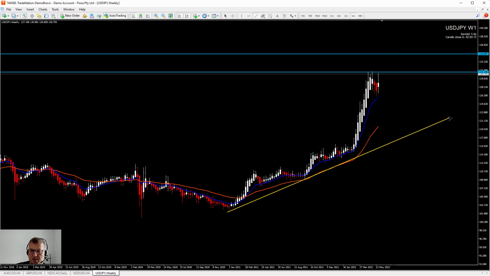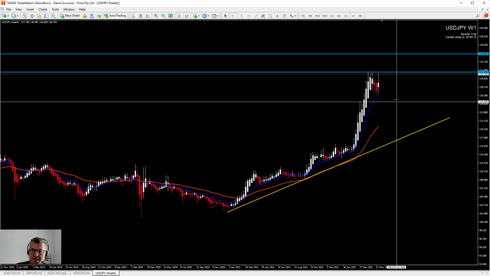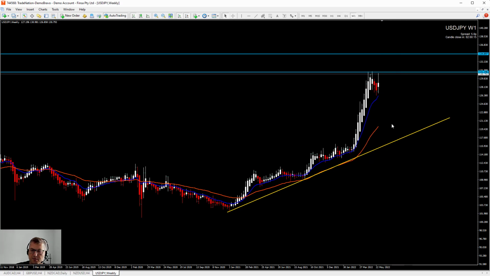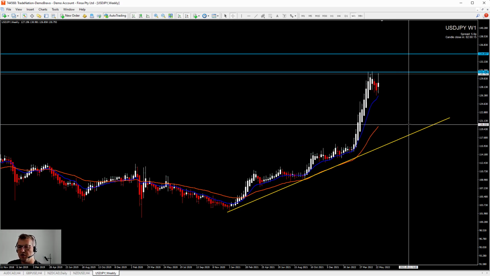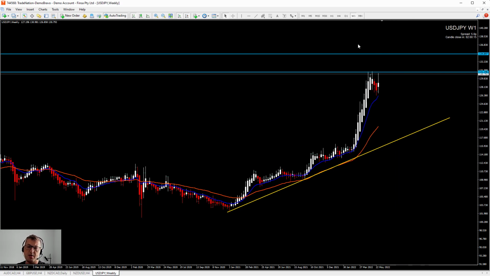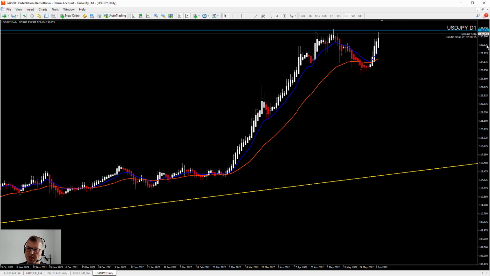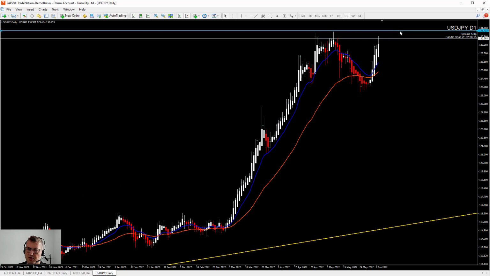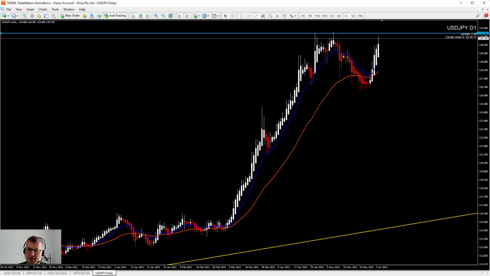Weekly chart, this is our trend line. Support zone is our 36 EMA, because we can expect retracement to there or to this trend line, but right now it's pointing up. So this will be interesting, because what can also happen, this is the best line which we can draw.